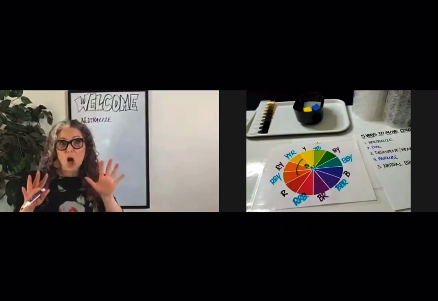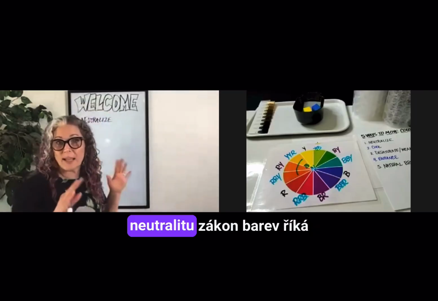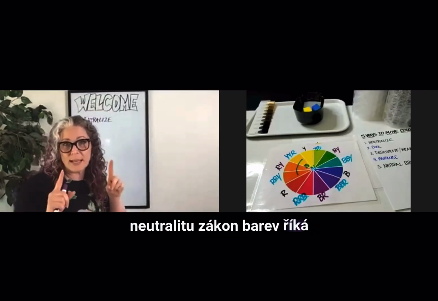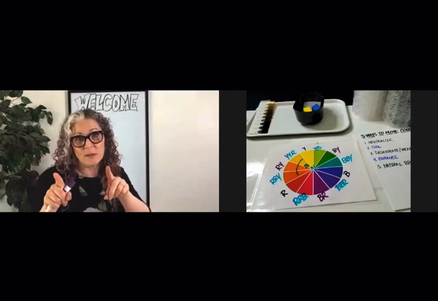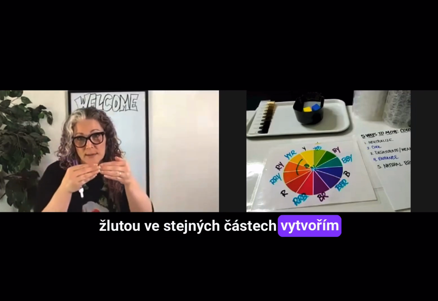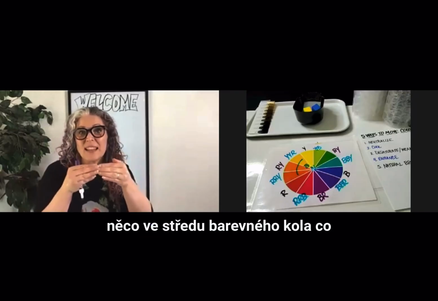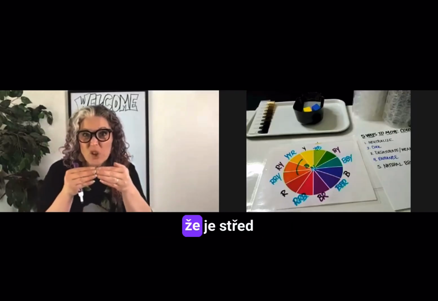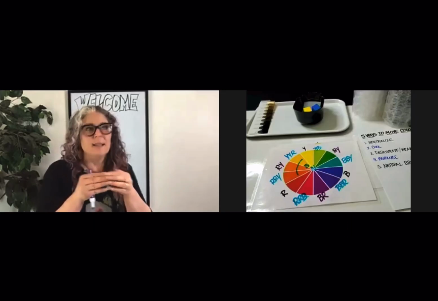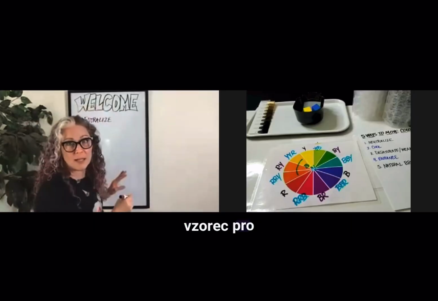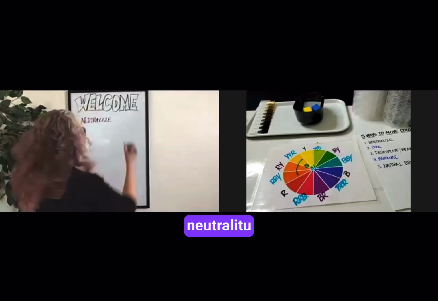Now, here's how the law of color tells us we create neutral. The law of color says, when I mix my primaries, blue, red, and yellow, in equal parts, I will create something in the center of the color wheel. What do we know that's the center of the color wheel? What color is that? Gray. So this is the formula for neutral.